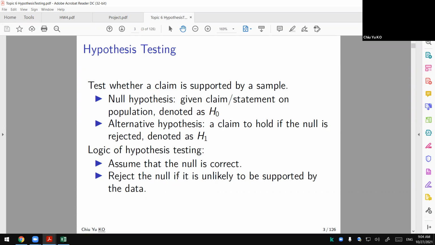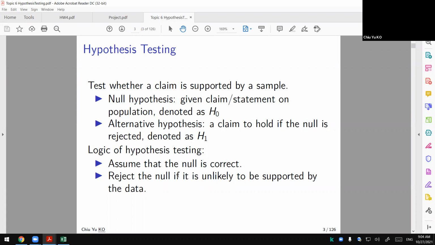Suppose you are quality control for a rice manufacturer, a 5 kg rice bag. I don't know whether your parents still cook, or you still cook, but this is the common thing you see in Hong Kong, a 5 kg bag. In quality control, you want to see whether this 5 kg rice is the right thing.